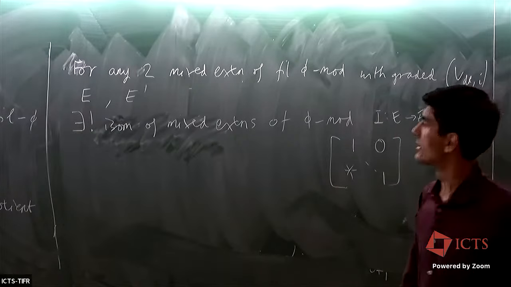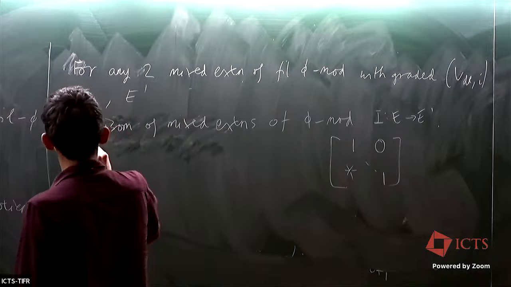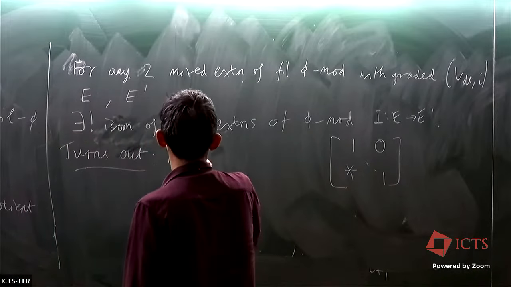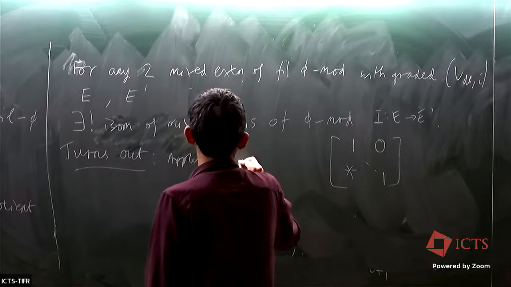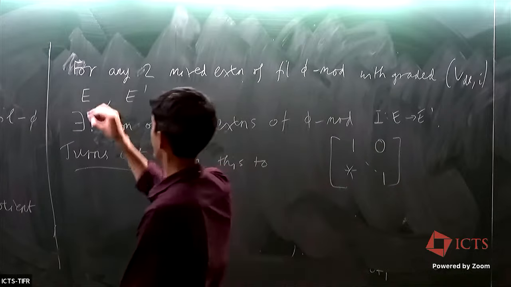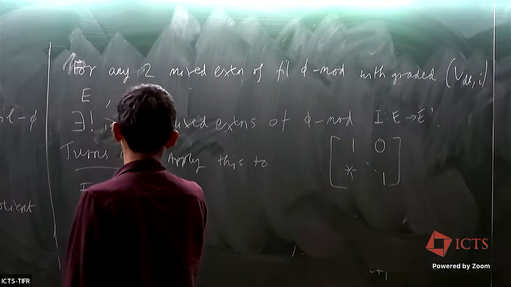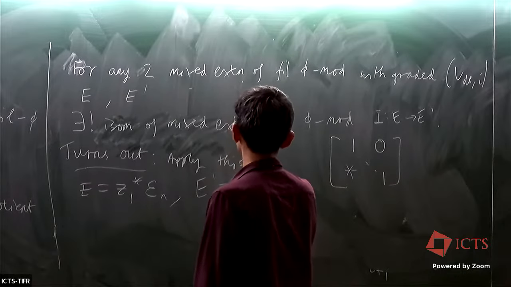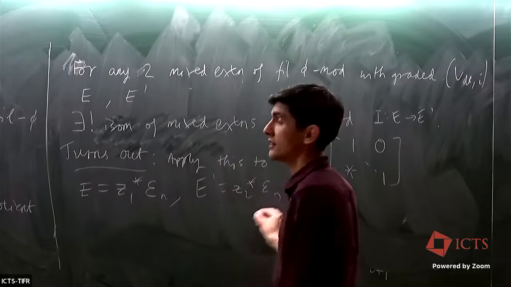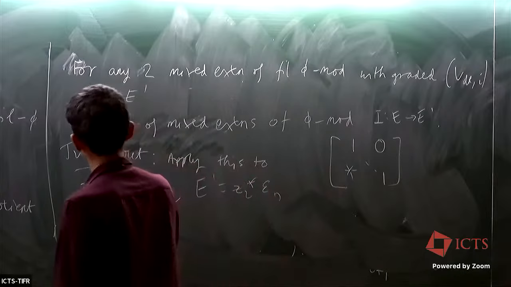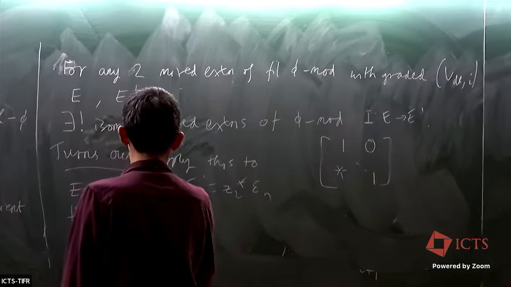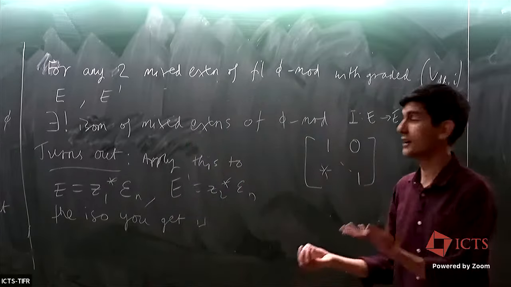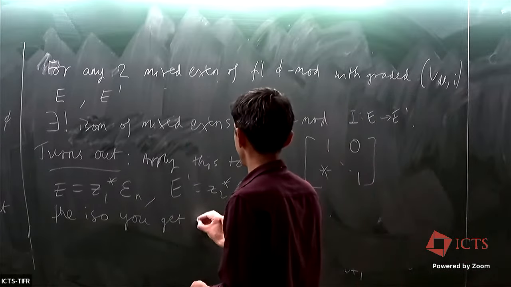And it turns out that you apply this to, say, E equals Z1 star of En and E prime equals Z2 star of En, the isomorphism you get is exactly the one coming from this Coleman parallel transport.